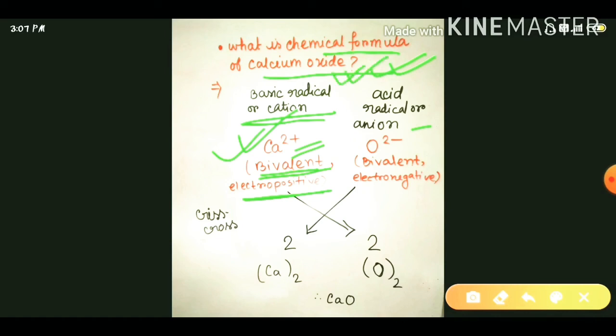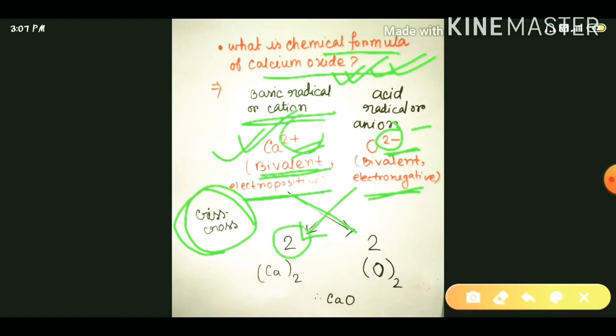O2- is bivalent because it also has valency 2, and it is electronegative. Now we apply crisscross. Crisscross means we cross the valencies: its valency we write here and its valency we write here. This is 2 and this is also 2.